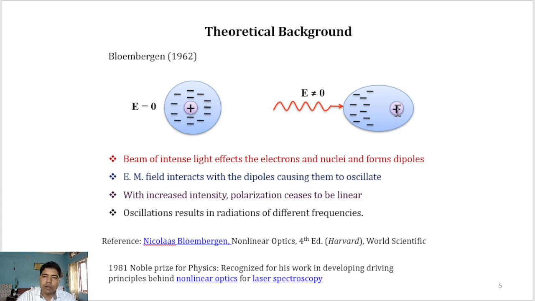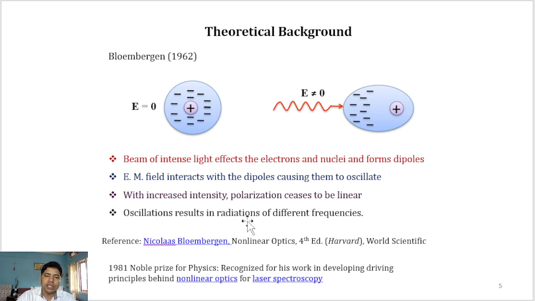The positive charge will be on this side, then the next side, and the negative charge will be the other way. So there will be an oscillation. With this increase of intensity, polarization ceases to be linear. In this situation, the polarization will not be linear; it will be nonlinear.